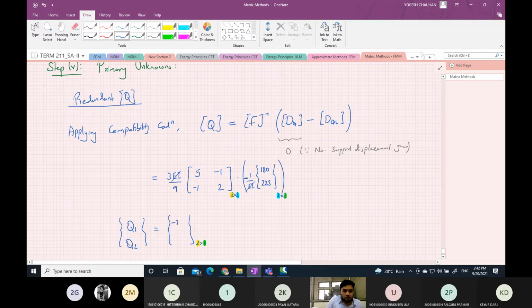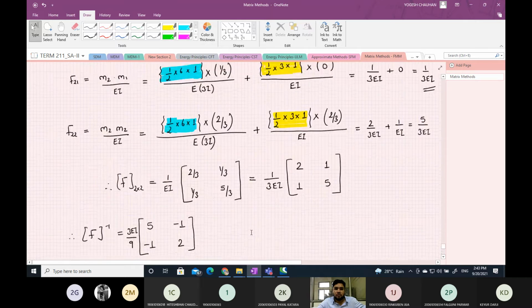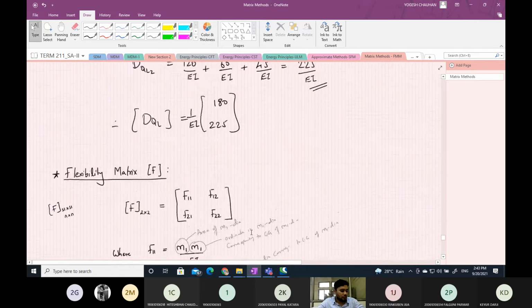Okay, so to multiply it, you will get this as minus 225 and minus 19. So that means your Q1 is minus 225 kilonewton meter. Minus means whatever the sign we have assumed, take the reverse of that.